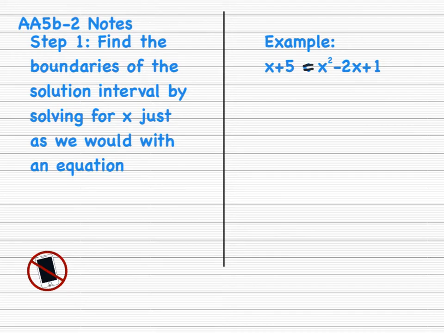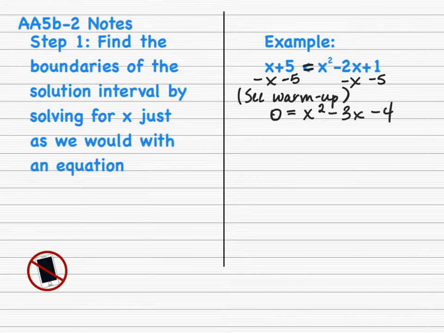This is the same one as I just did in the warm-up. But I'm going to get everything to one side. So I've got 0 equals x squared minus 3x minus 4.